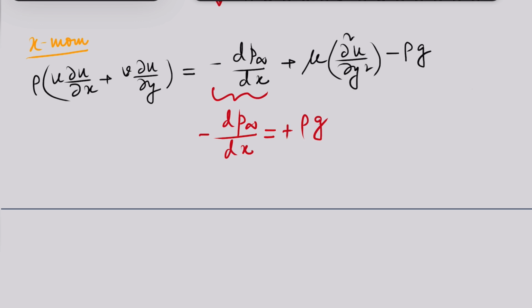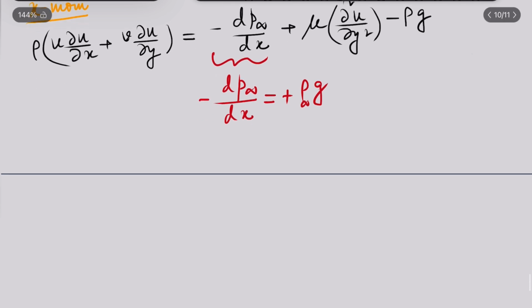Or I should write rho infinity into g, where rho infinity is the density of the ambient fluid. Or you can also write this as rho r into g, that is the reference density, because I have already declared that our reference state is the ambient state. If you do not declare that, then you cannot write that rho infinity is equal to rho r.